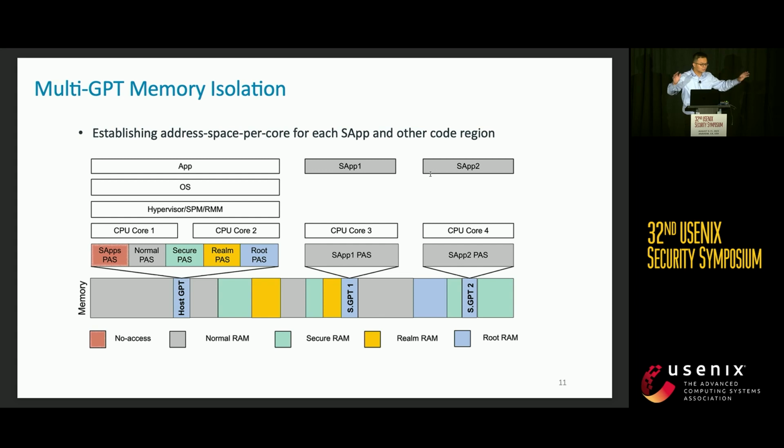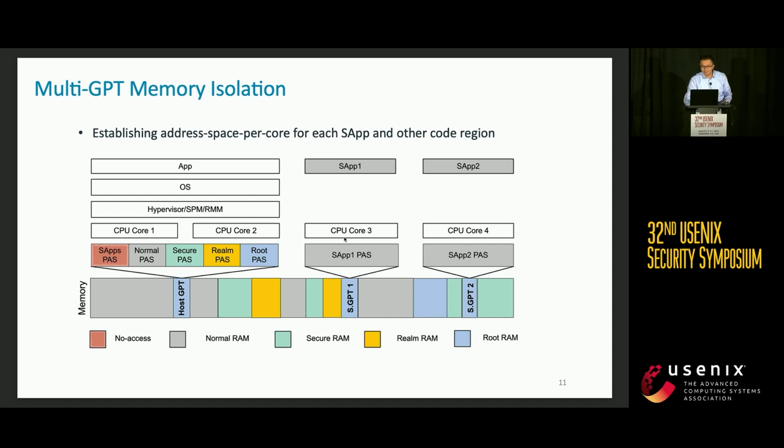Suppose you have a system with 4 cores, okay? 2 cores are running the normal operating system, okay? For these 2 cores, we allocate a special GPT called the host GPT. From the host GPT, the operating system can see, for example, the normal PAS. However, the ASAP PAS is not accessible here, right? The normal PAS can be accessed, and it also has other PAS in its mapping, right? However, we can set up the permissions.